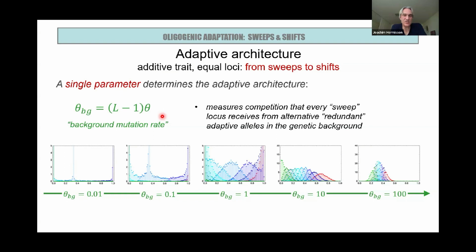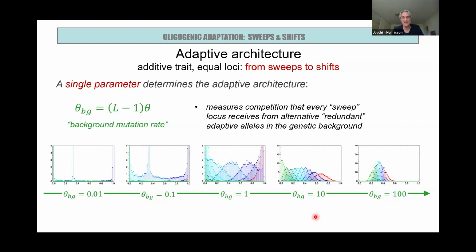And this is what changes the type of the adaptive architecture, as we call it. So you see it here, from this theta background at very low values, to this very interesting value where we have exactly theta background equals 1. This is the archetypical oligogenic case, as we call it.